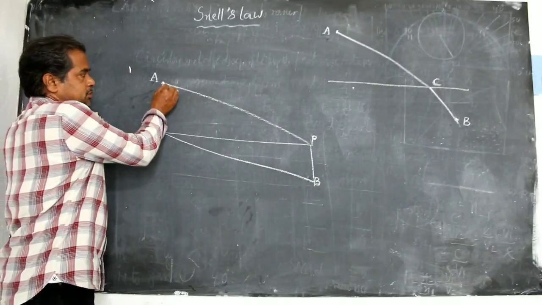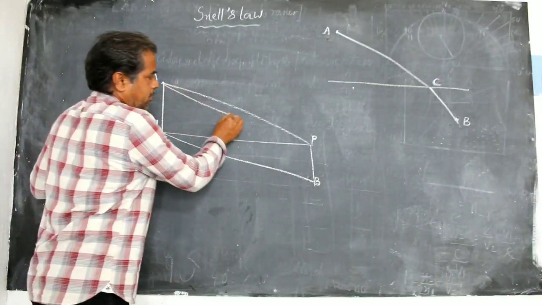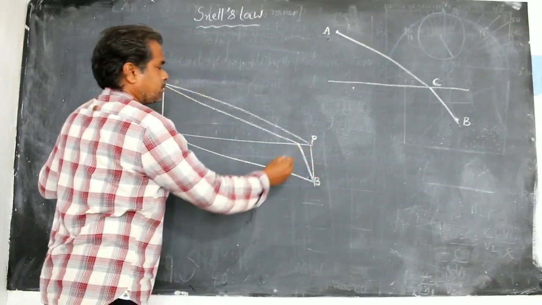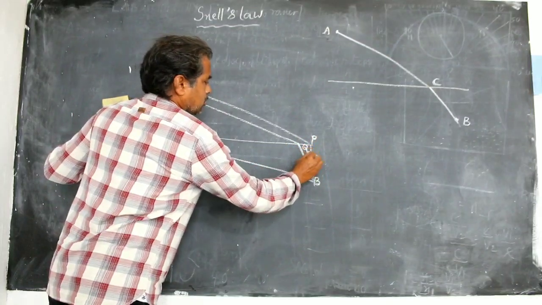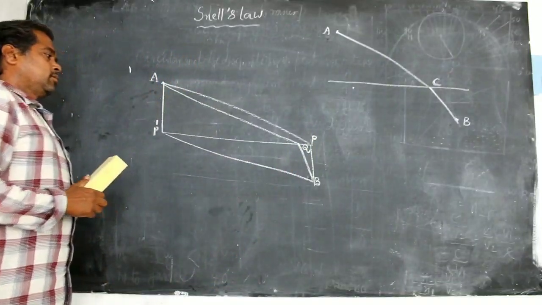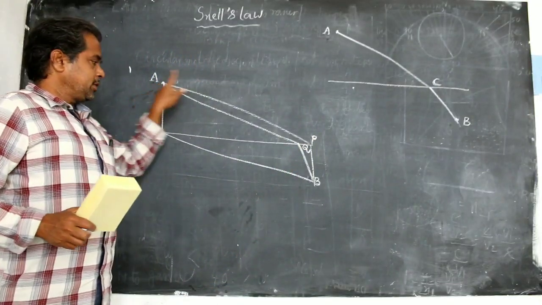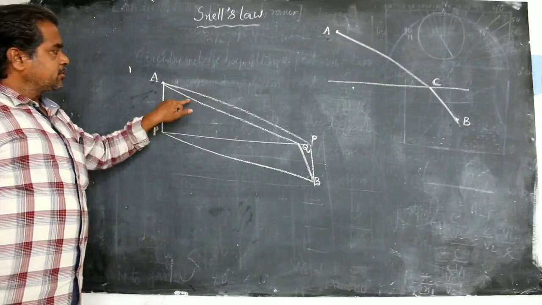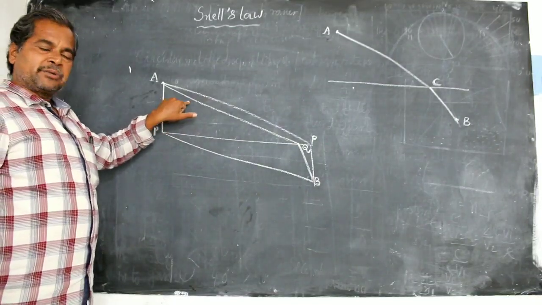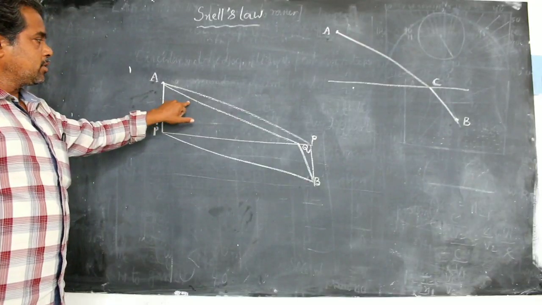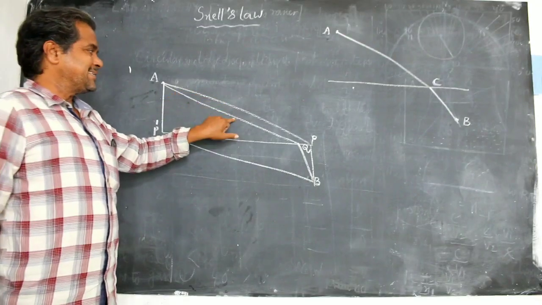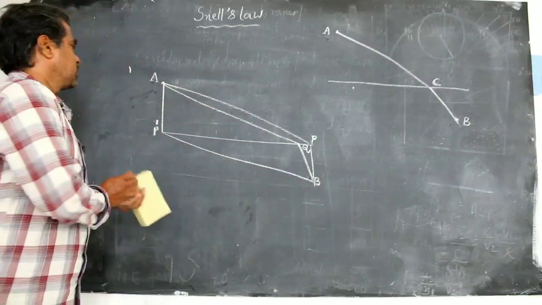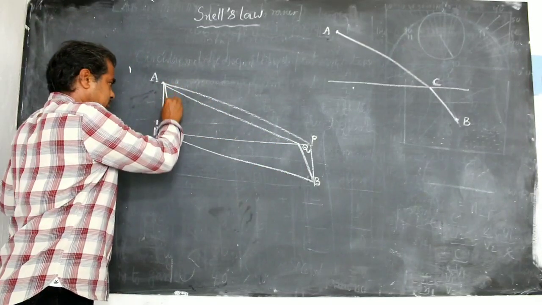Again, he chooses one more path, A, Q, B, to travel from A to B. According to the mathematical approximations, there must exist one more path that takes the same time as AQB. So that path is like this.